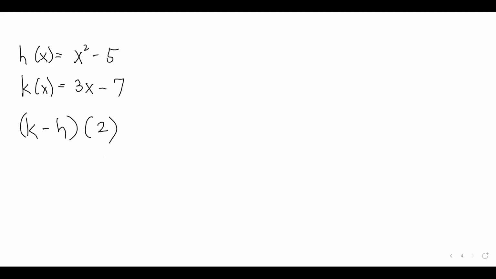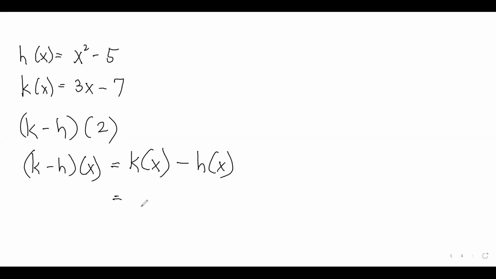Hanapin ko yung x. Okay. Hanapin muna natin yung pinagsamang function, which is k minus h of x. Ayan. Kasi, paano tayo makakapag-substitute kung di pa natin napagsama? Okay? So, anong unang letter, class? K. So, dapat k din ang mauna. So, k of x minus h of x.